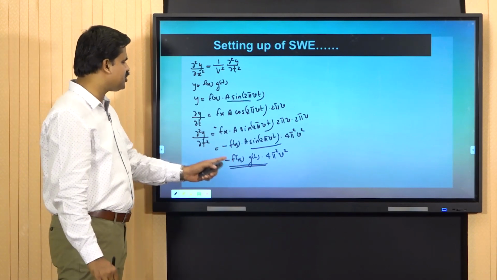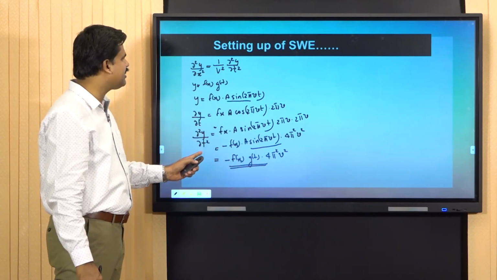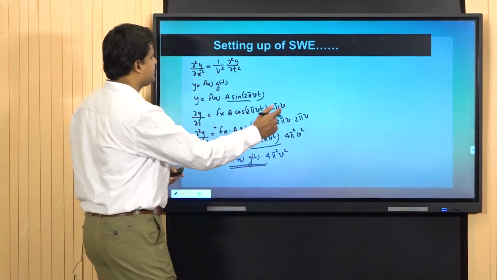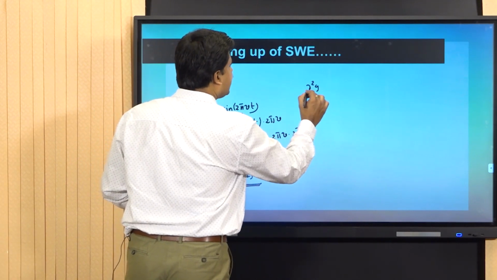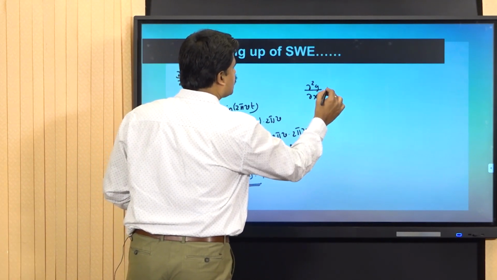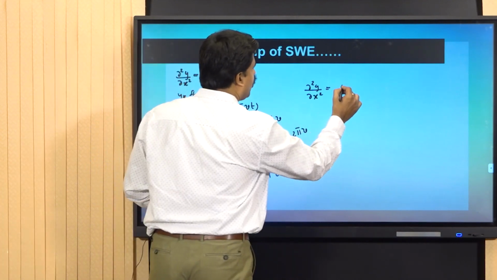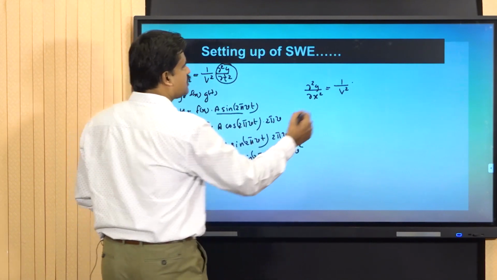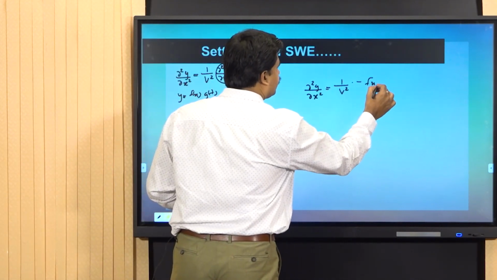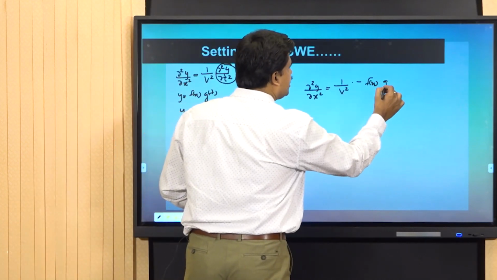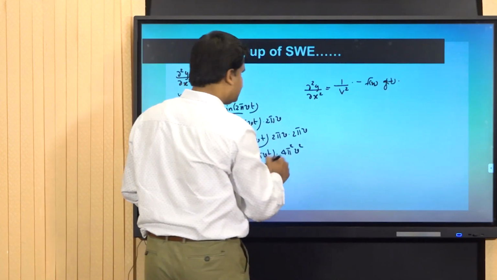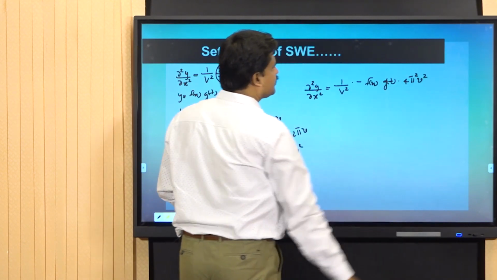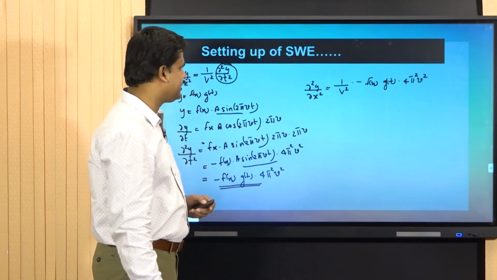And I have to substitute the result of ∂²y/∂t² in this equation. Hence, I will get ∂²y/∂x² equal to 1/v² into this term, that is minus f of x into g of t into the last term, that is 4 pi² nu².